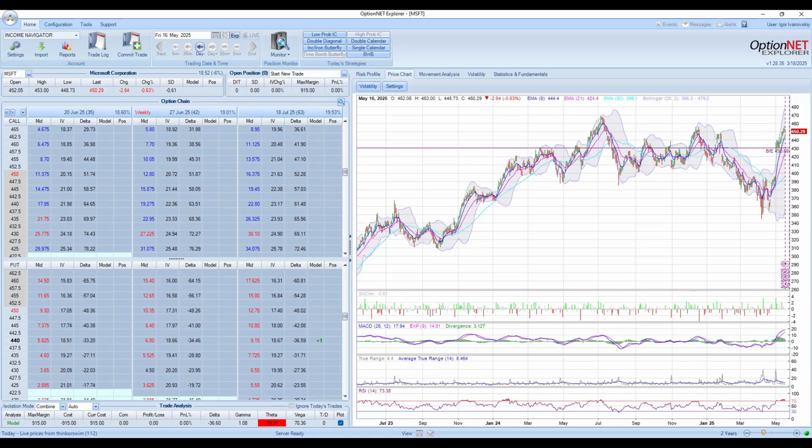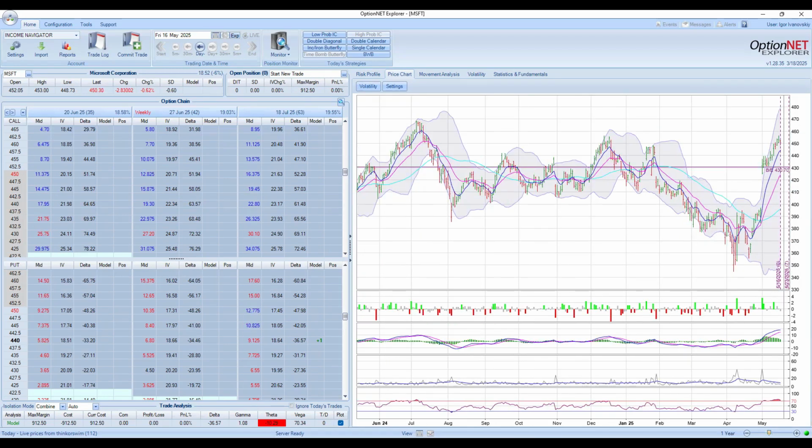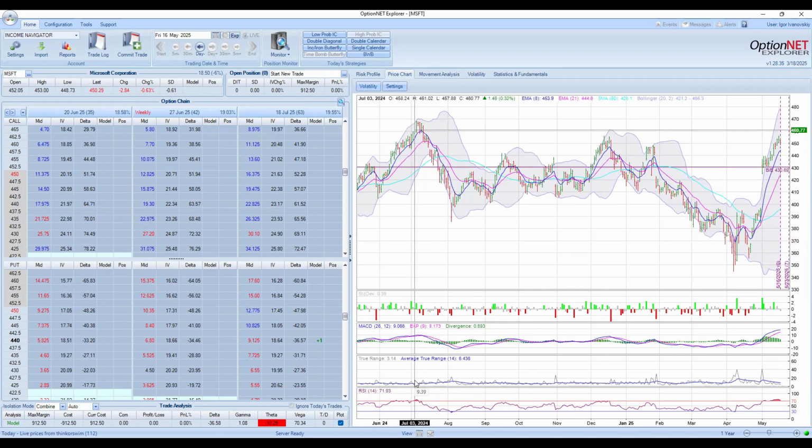And if we look back, it doesn't always work, but for the most part, we have to assume that some things can repeat. The last time we had a decent run up in the price of Microsoft, very similar setup, above all key moving averages. MACD was all the way up and also kind of bullish, but it was already starting to roll over.